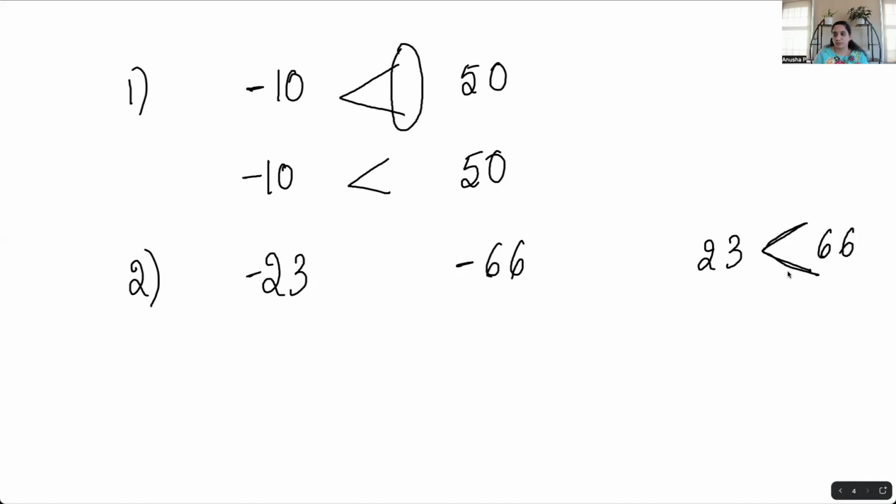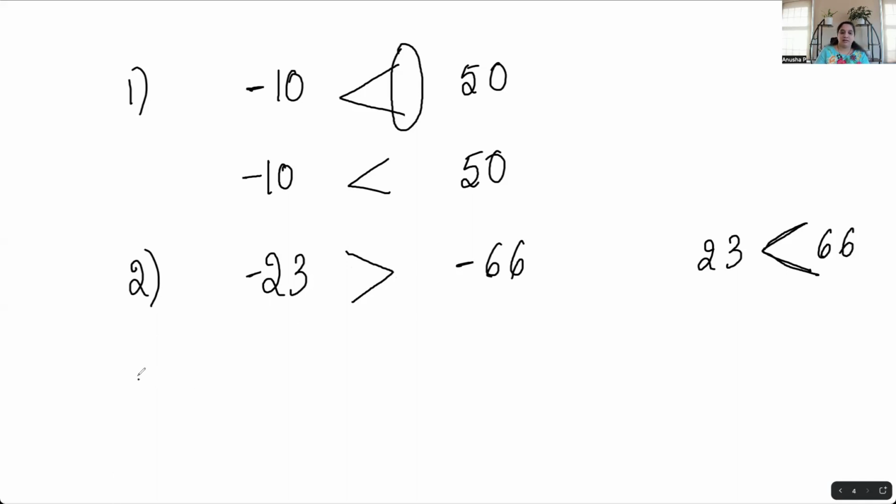So the alligator is opening a bigger mouth towards the 66. But when it comes to minus 23 and minus 66, in negative numbers, it is the reverse. Minus 23 will be a bigger number when compared to minus 66. It is the reverse of positive numbers.